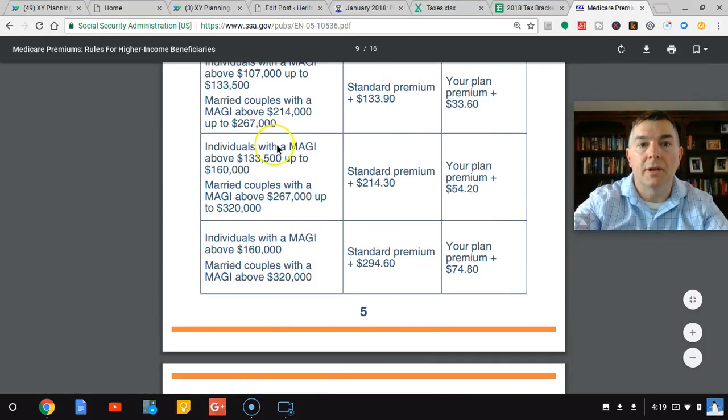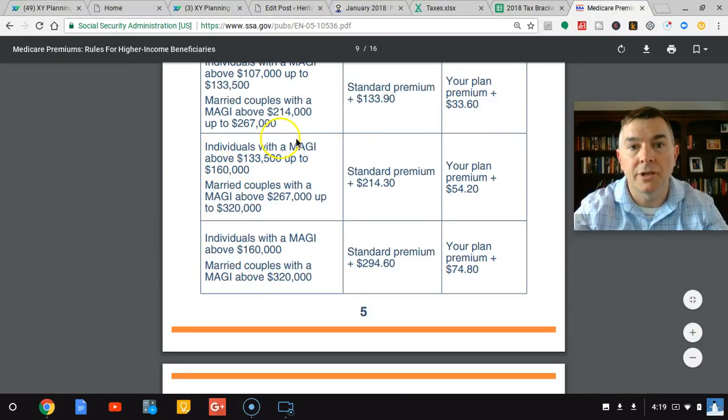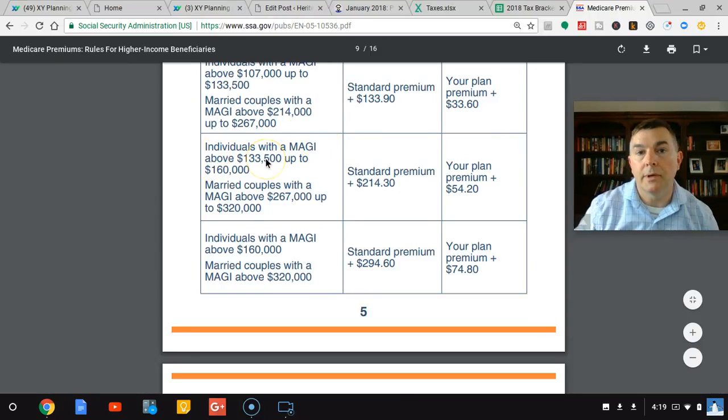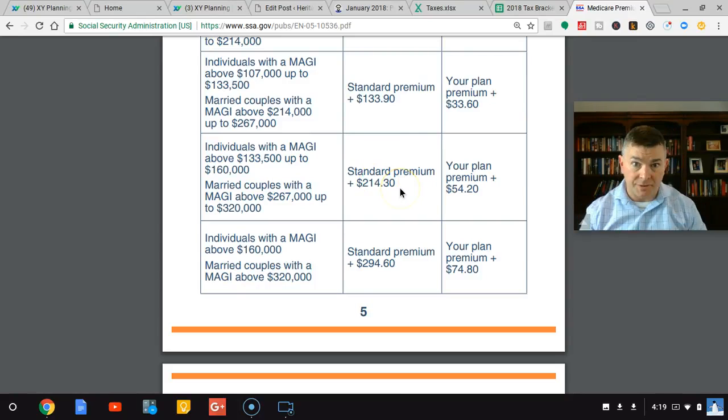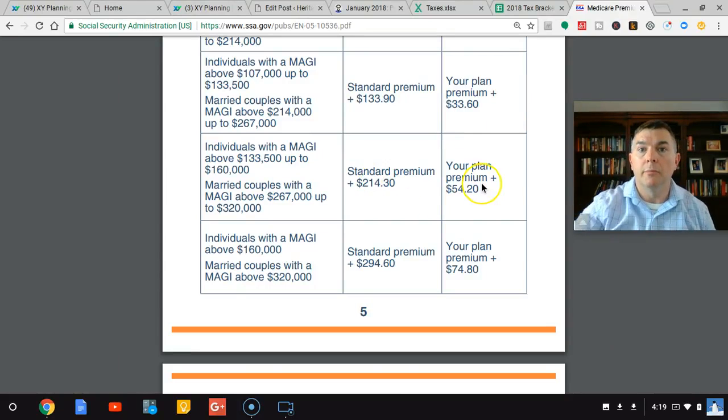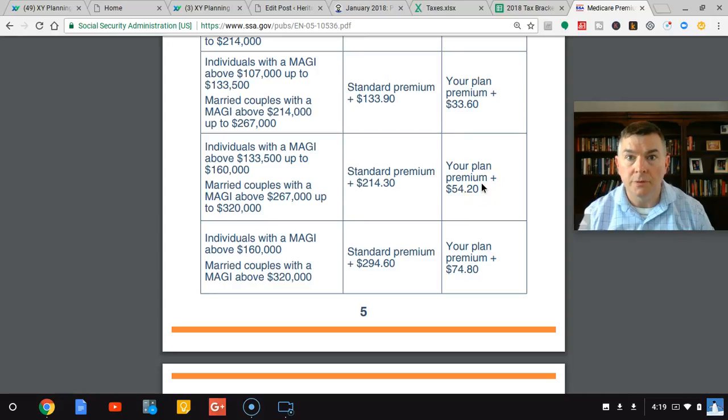When she hits modified adjusted gross income of over $133,000, which would be in a couple of years with more RMD requirements, her premiums go up another $75. Her Medicare Part B or Part D goes up another $20 or so. It just gets more and more and more, and only because of RMDs.